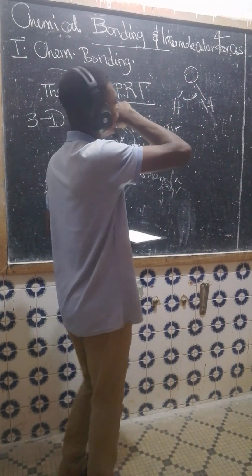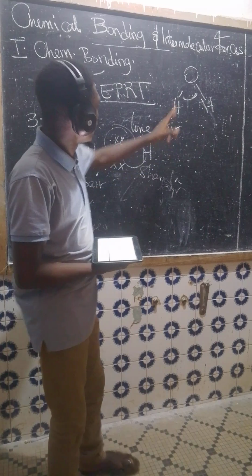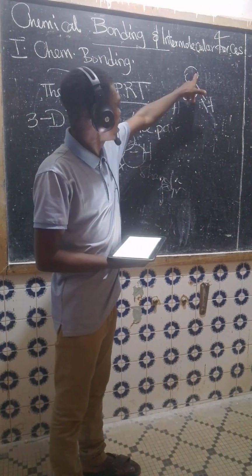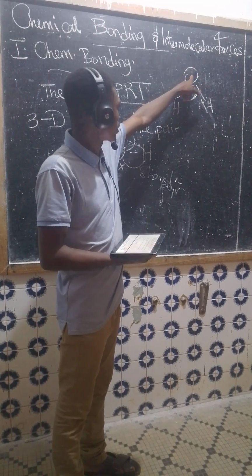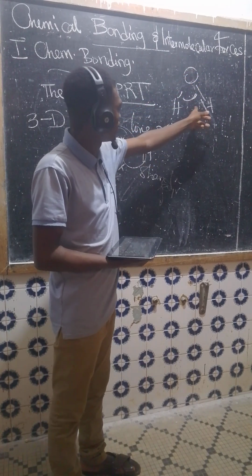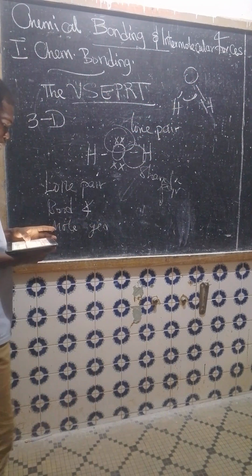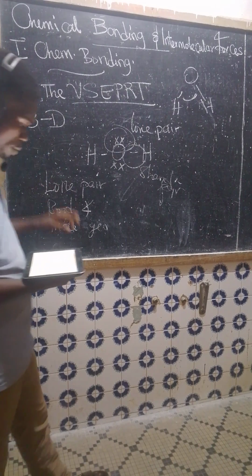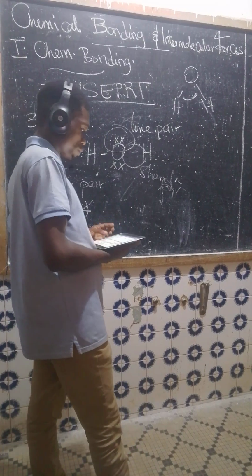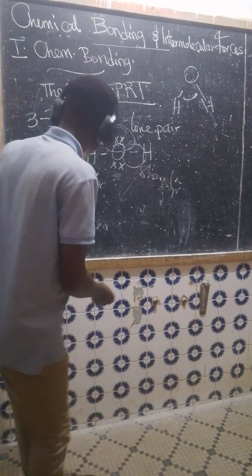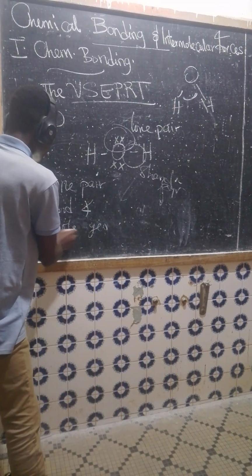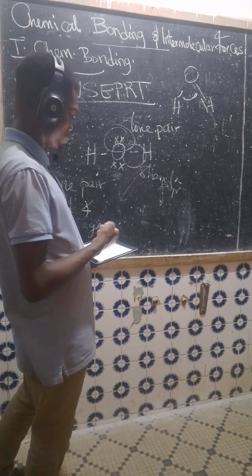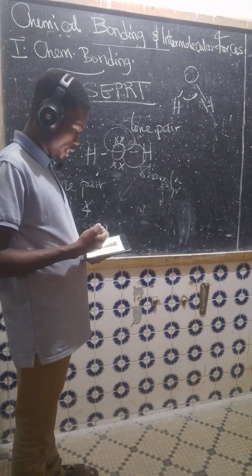The angle that the bonded atoms form with the central atom, which in this case is oxygen, is known as the bond angle, because in a covalent molecule there's always a central atom. And then at the end of the day, we obtain a three-dimensional molecular geometry, meaning that we can have a structure in 3D.